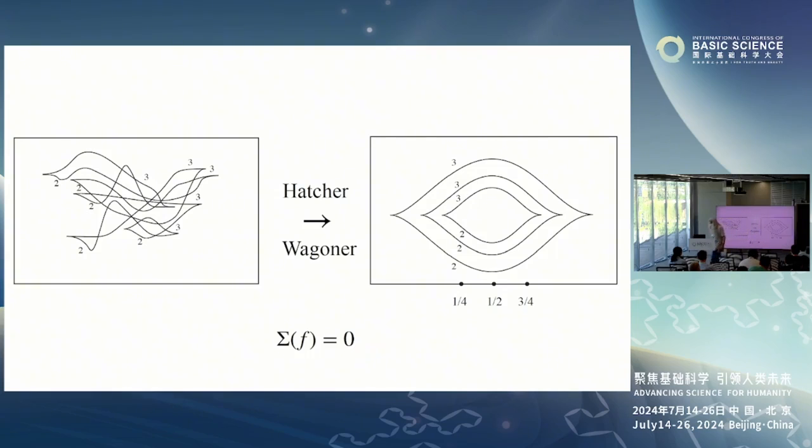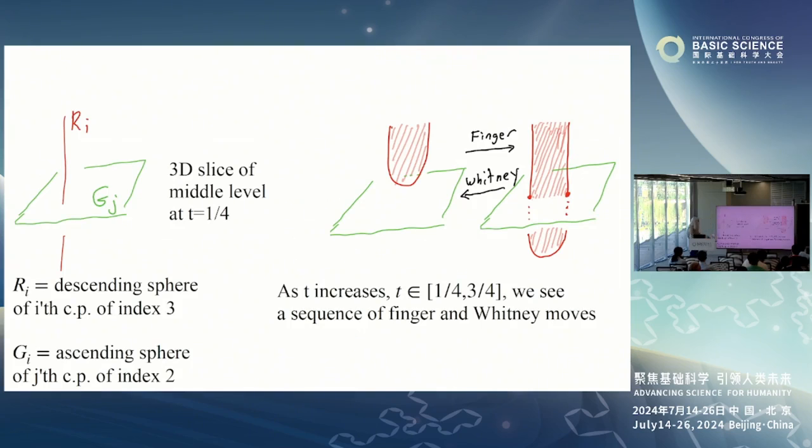Now, if we were in dimension 4, so we're talking about M cross I, M of dimension 4, then the effect at the middle level, right here, there you would see M connected sum with 3 copies of S2 cross S2. So this picture over here is a 3-dimensional slice of that. By which I mean, you look at the critical points of index 2 and you look at the ascending spheres, then those are two-spheres in this dimension.